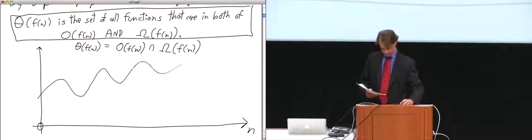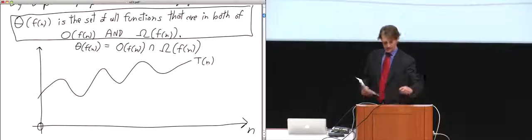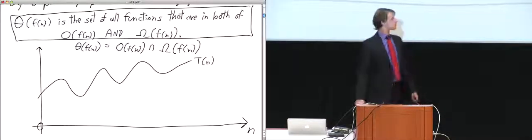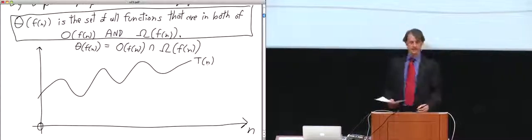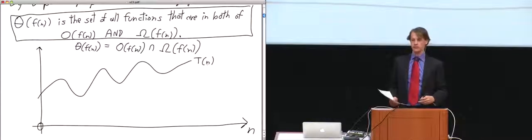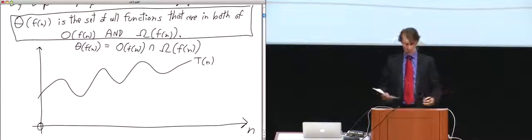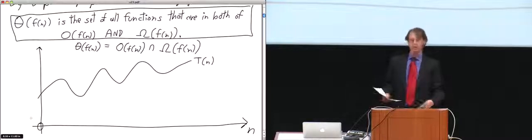But here's the function. I'm going to call that t of n. And maybe that's the running time of some really weird algorithm as a function of the input size. It's very unusual to have an algorithm that's not monotonically increasing with the input size, but they do happen in weird places like number theory.